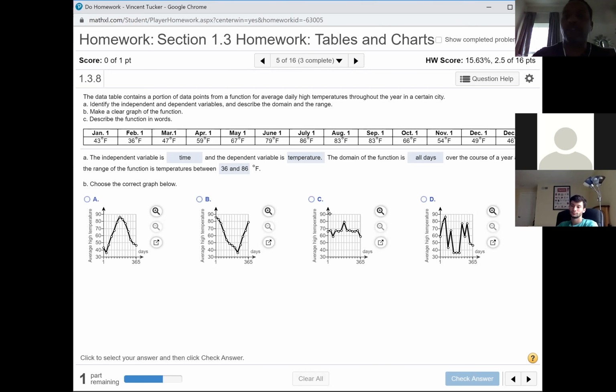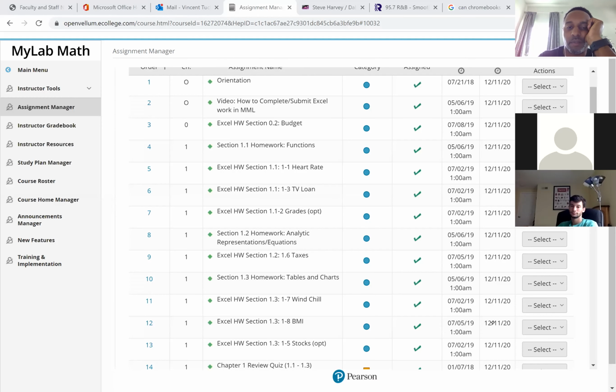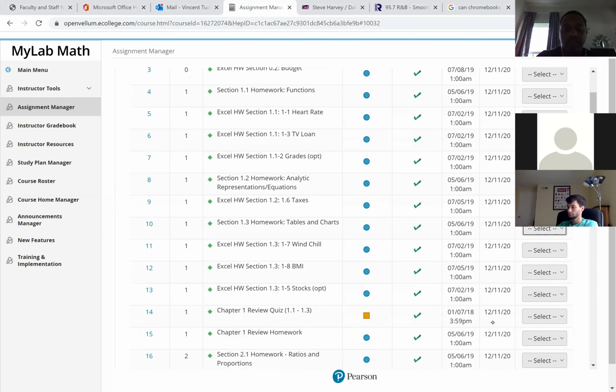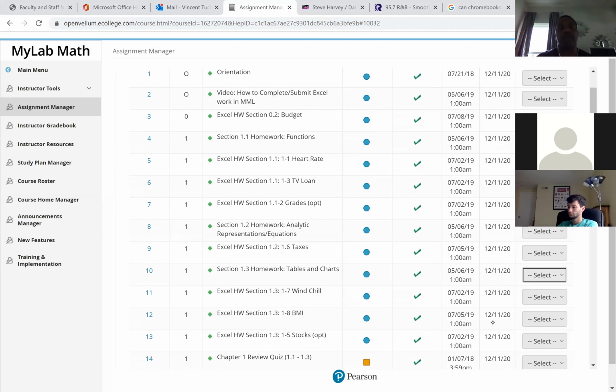Like I said, even if you don't have the Excel stuff down pat yet, I haven't set a due date for anything, so you still have time, but the time is now to at least get your section 1.1, 1.2, 1.3 assignments knocked out if you can. And don't forget, you have a quiz at the end of this chapter that will be on those things. And then we have to figure out this Excel stuff.